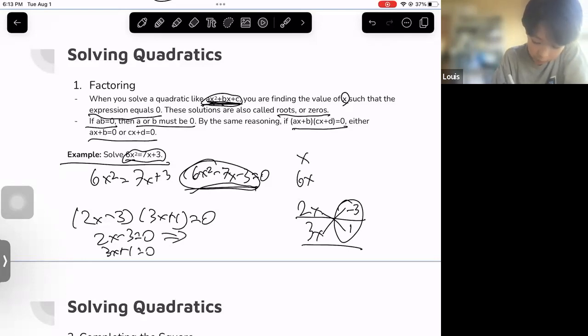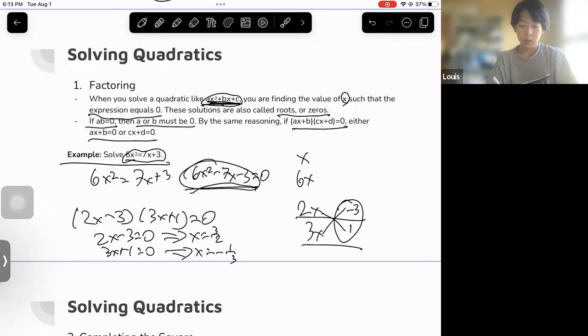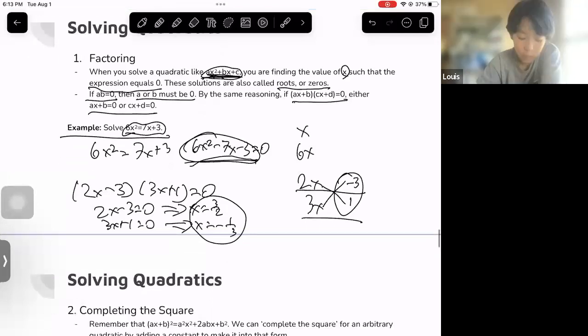Solving these two will give us x equals 3 over 2 and x equals negative 1 over 3. And these are our answers. Questions? No questions, and I'll move on.